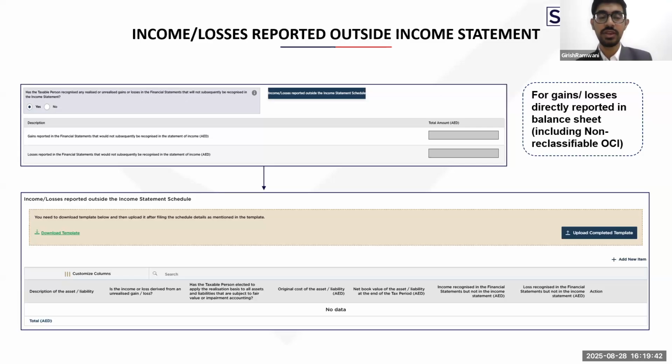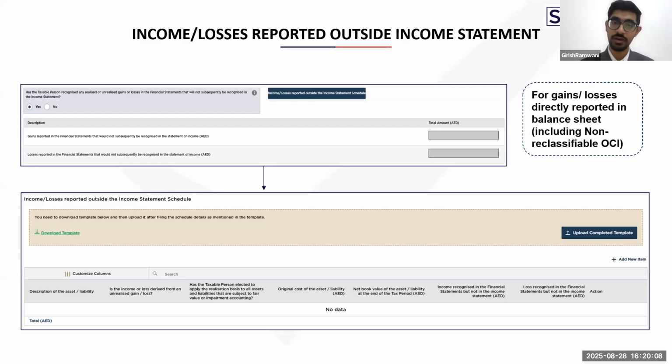This would also include any gain or loss in your other comprehensive income which is non-reclassifiable in nature. The reclassifiable other comprehensive income or expense is going to be reclassified to your statement of P&L whenever it is realized. So there is no problem with that. However, if there is non-reclassifiable other comprehensive income, then you need to make that adjustment over here.